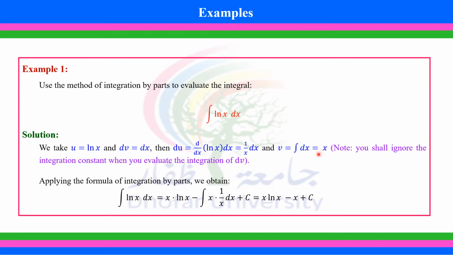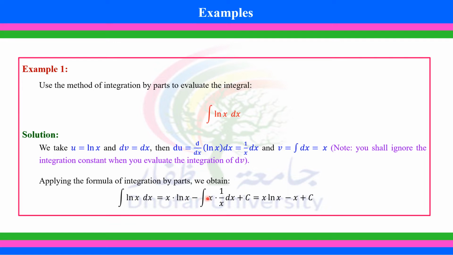Now we apply the formula of integration by parts. So this integral, ln x dx, which is integral u dv, equals uv, this is the function v, this is the function u, minus integral v du.